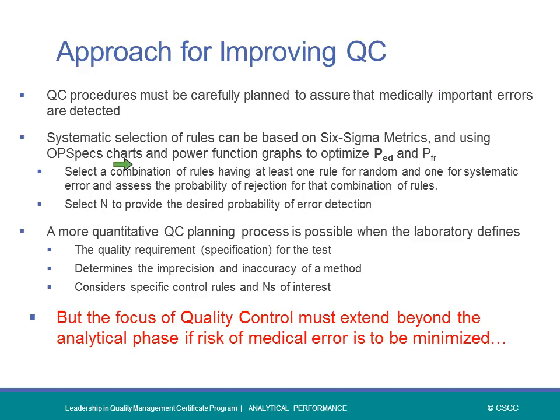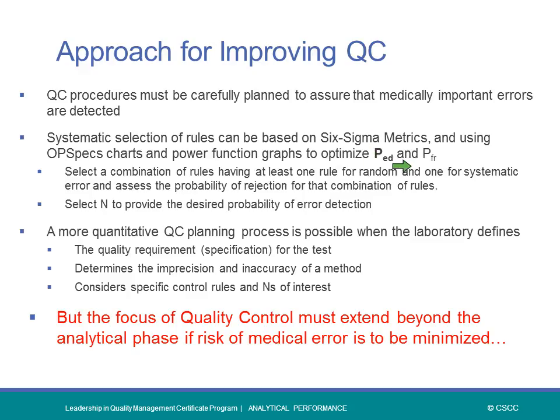Now, this involves, I believe, using Six Sigma metrics and using tools like operation specification charts and power function graphs to closely look at, in a more objective manner, what is the predictive power of our QC program and our QC rules at identifying error and limiting false rejections.